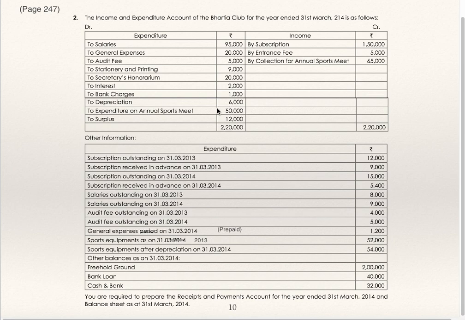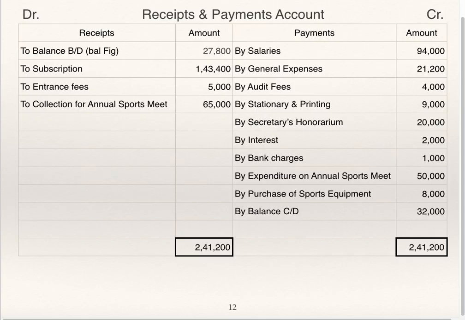Expenditure on sports meet 50,000, the same figure you will get on the payment side. Surplus is not to be recorded. Now I will show you the receipt and payment account. Salaries, general expenses, audit fees, all these three figures will change. We have seen the working note. Remaining figures will be the same. Purchase of sports equipment is an additional figure, which I have shown you in the working note. Balance carried down is given. Closing balance carried down is given to us.